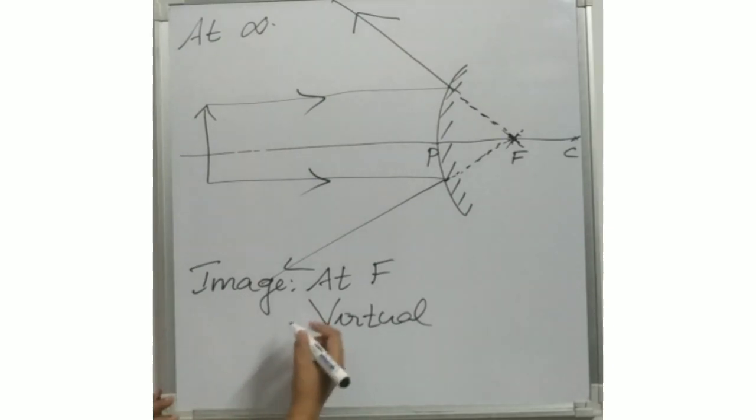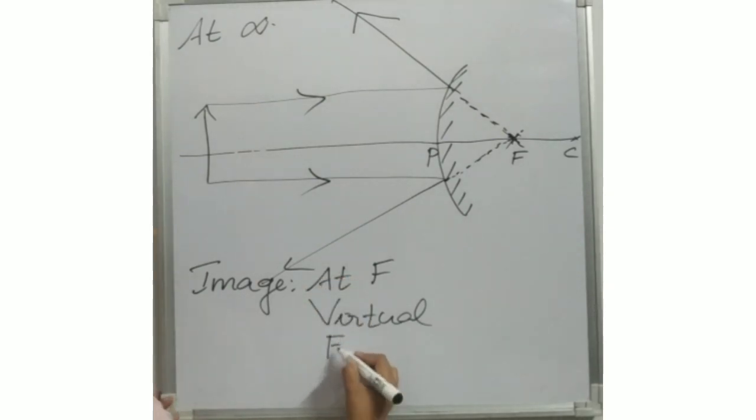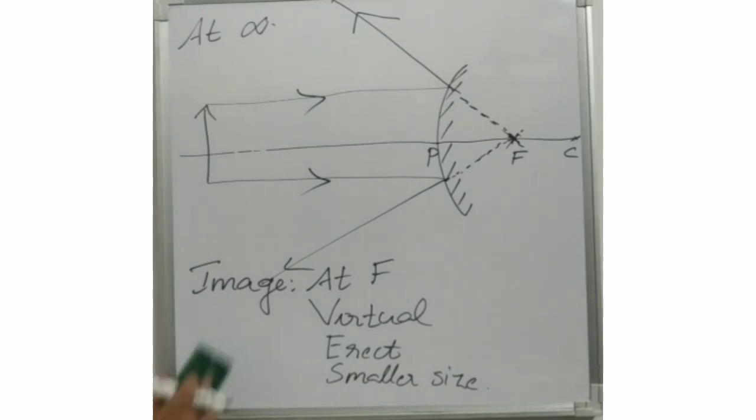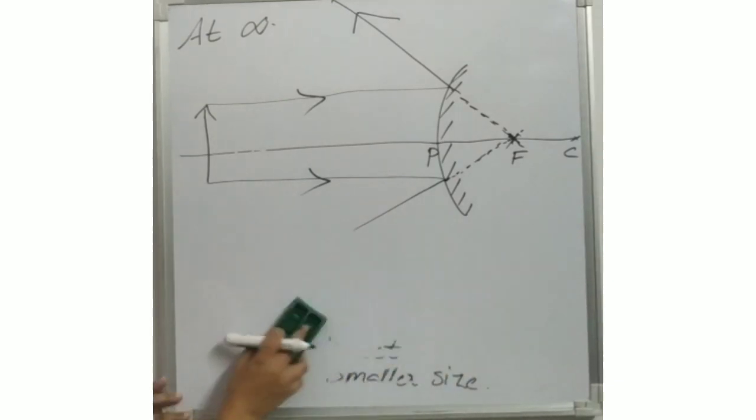Virtual means it will be erect. Real images are always inverted and virtual images are always erect. So it is erect and it is smaller in size, point sized.